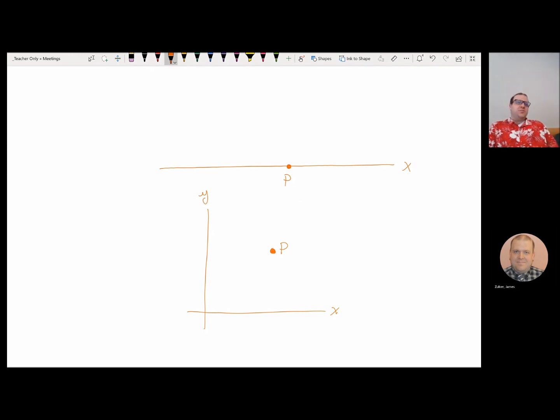You have the four cardinal directions, up, down, left, right. Then you have all the diagonals, right? Then you have all those diagonals, and all those diagonals. Oh, but it doesn't have to be a straight line either. You can also approach this point along some convoluted path. Right, I could do something like this.